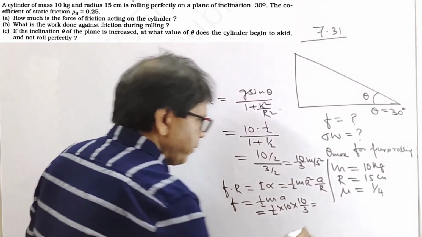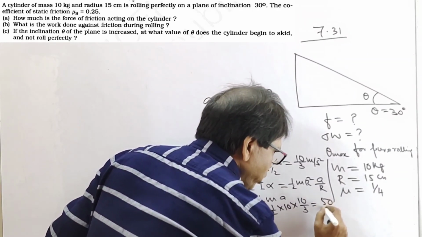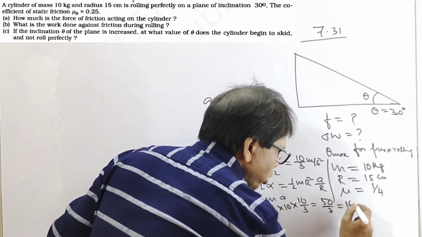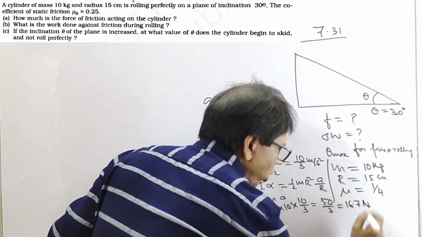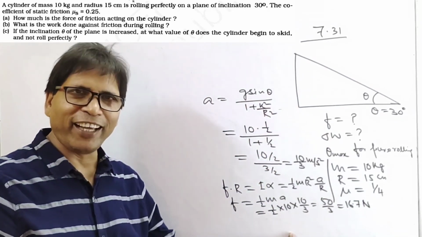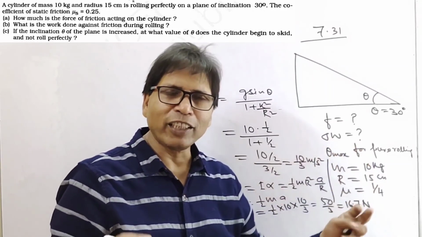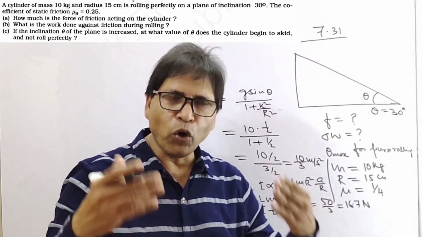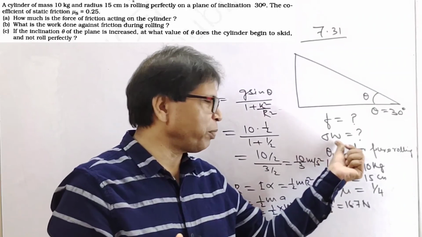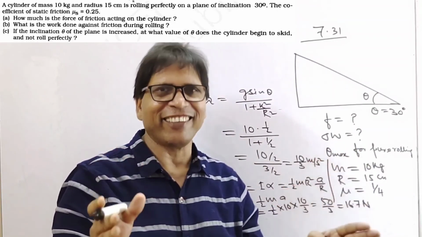So look at this, it is 50 by 3. So this is 16.7 Newton, the force of friction. Okay, now work done against the friction. Look at this, friction helps to roll a body, so work done by the friction is equal to 0.